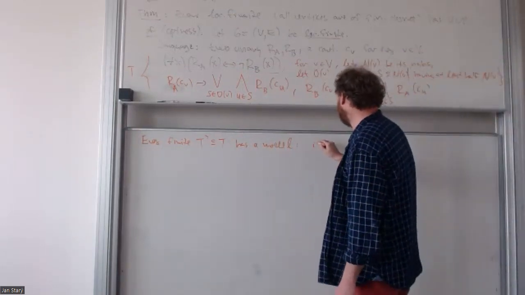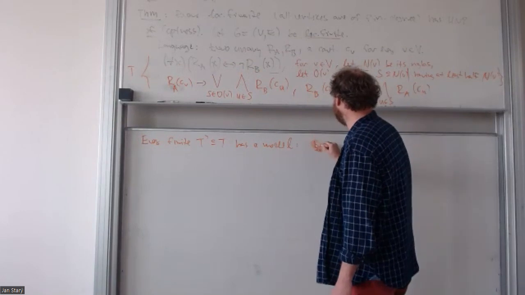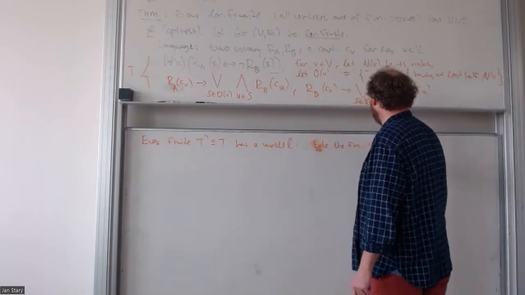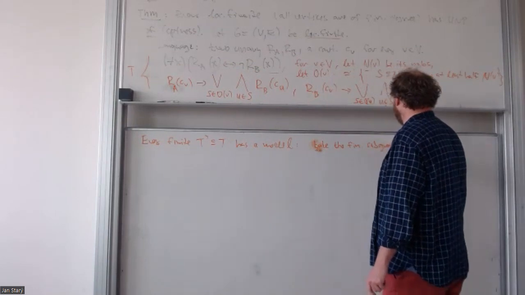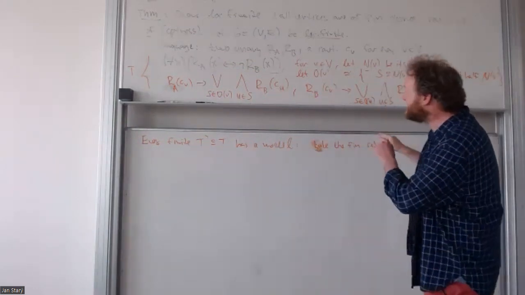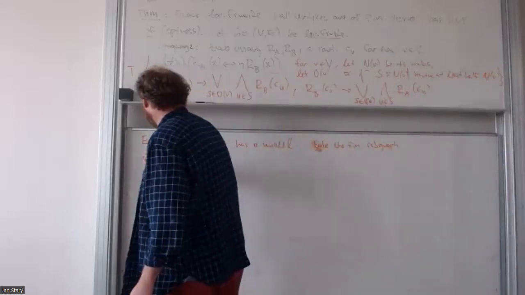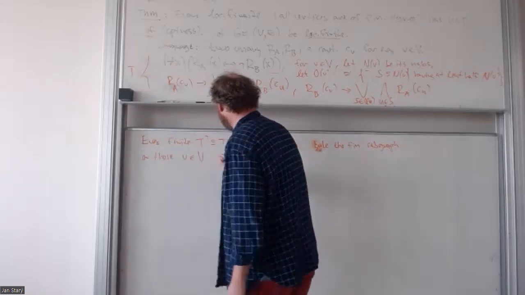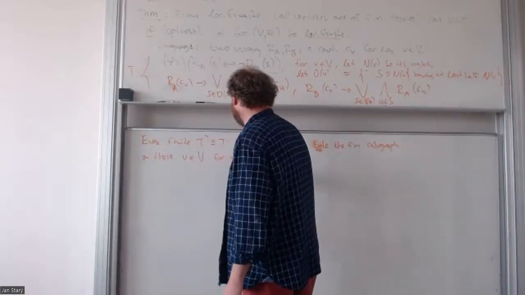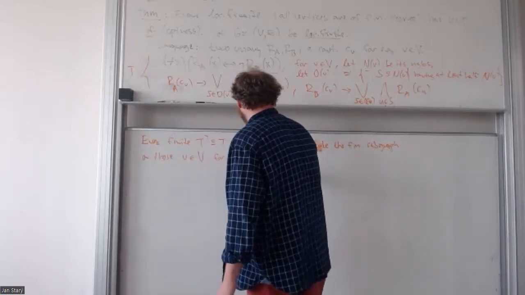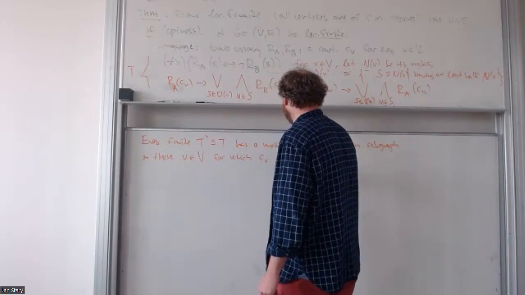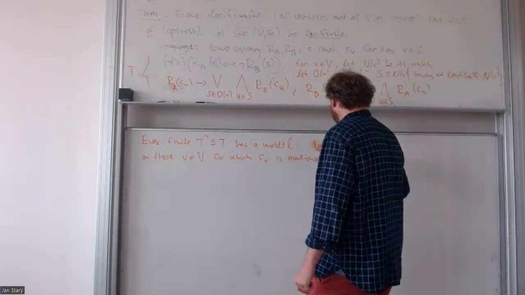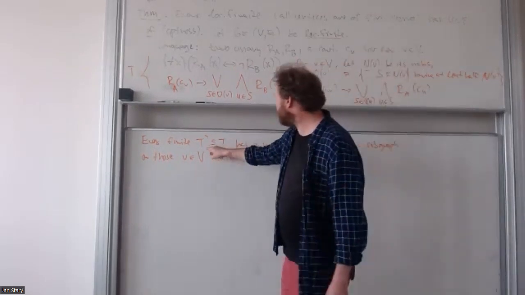Well, take the finite subgraph on those finitely many nodes, those V for which the corresponding constant C of V is mentioned in the finite fragment. The T prime is a finite fragment of this theory.